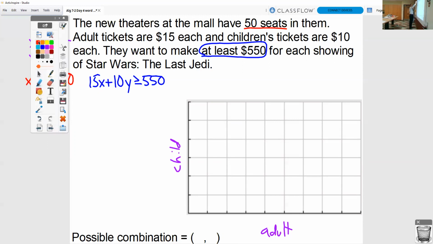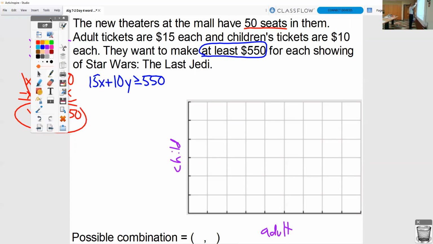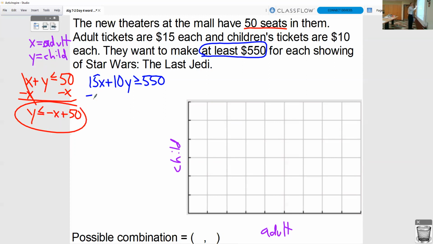We need to, just like in the last one, rearrange it for y equals. So minus x and minus x. And there's our first equation. For the second equation, we need to do minus 15x and minus 15x. So we have 10y is greater than or equal to negative 15x plus 550 when we go to rearrange it.